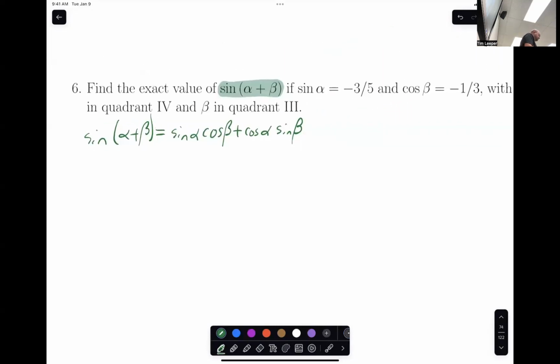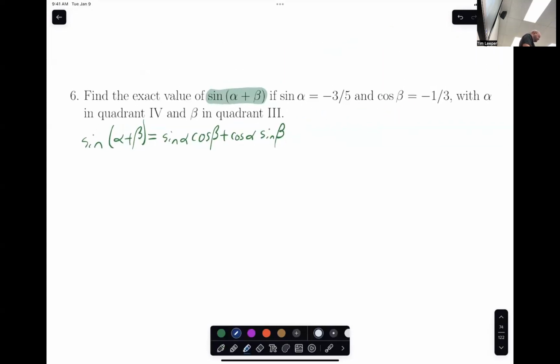Let's look at something though. Notice that we know a couple of things. We know that sine alpha is -3/5. So in other words, I know this bit right here. I also know that cosine beta is -1/3. So I also know that bit right there. Here's what I don't know. I don't know cosine alpha or sine beta. And that's what we want to find.